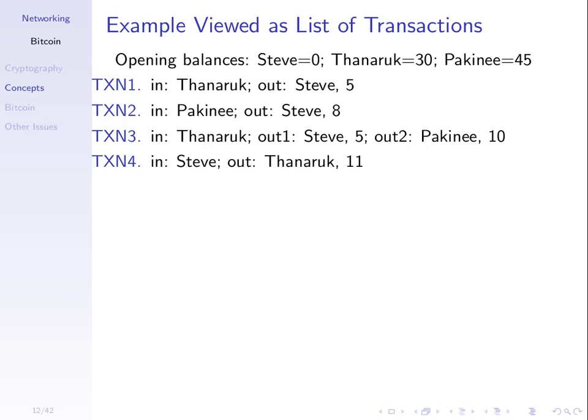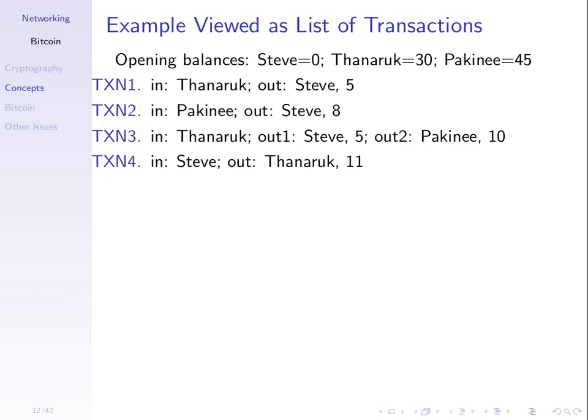Well, from that I start with 0, out to me 5, so plus 5, out to me 8, so I'm plus 13, out to me 5, I'm 18, in from me, that is, I'm spending, minus 11, so 18 minus 11, I've got 7 units at the end of these 4 transactions. So if we have the list of transactions and we know the opening balance, then we know the current balance.